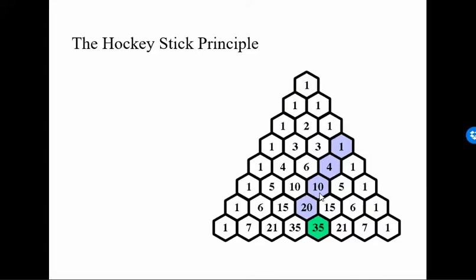Here's another example, the handle of the hockey stick and the blade of the hockey stick. The hockey stick principle says that all the numbers in the handle of the hockey stick add up to the number that is in the blade. So 20 plus 10 plus 4 plus 1 adds up to 35.